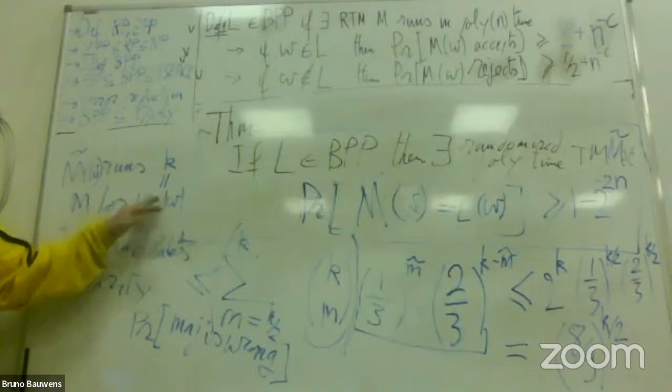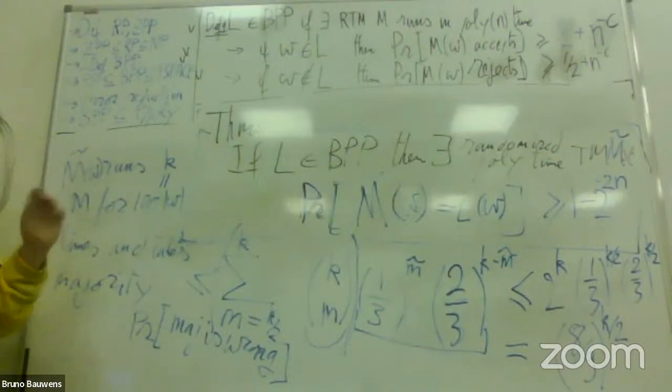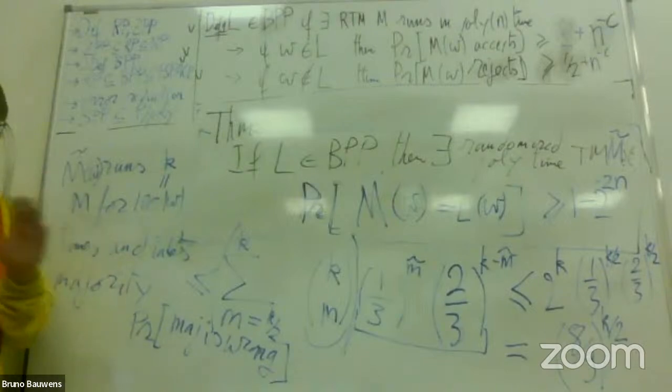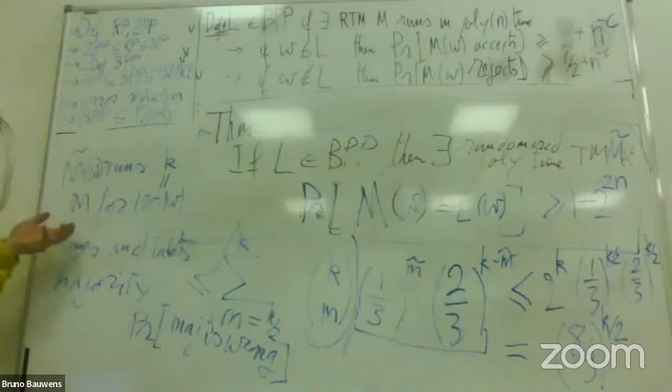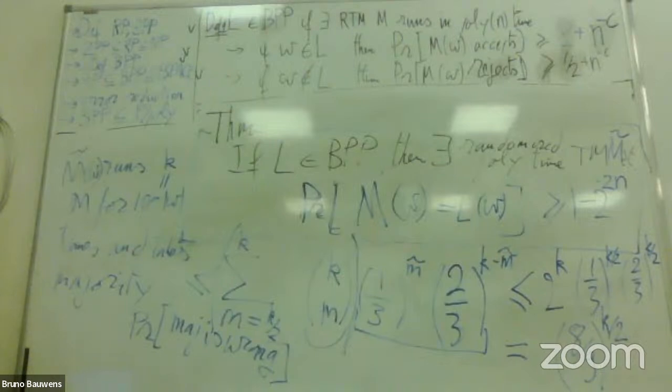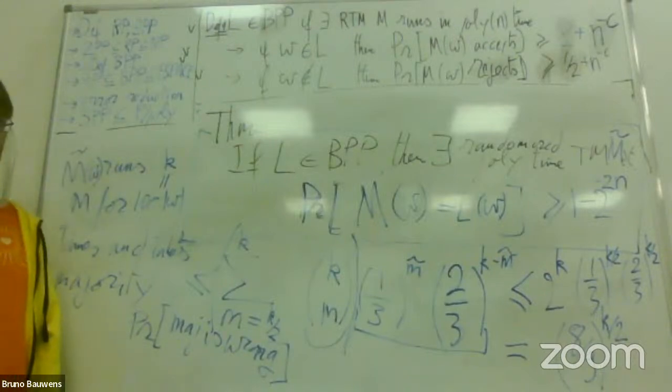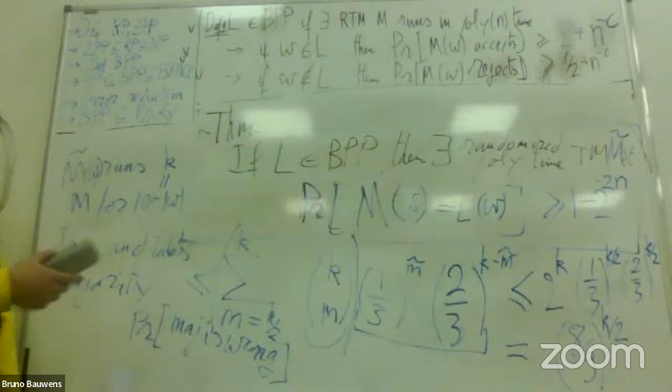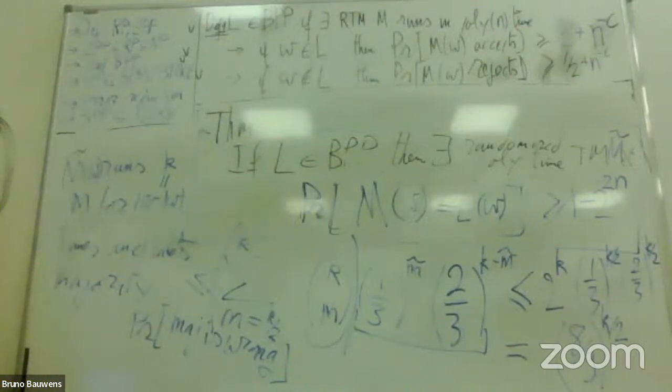In the proof, the expected runtime might be much better, but here we look at the worst case. So in practice, it might be a good idea, but these are purely theoretical results, since we care about the worst case.